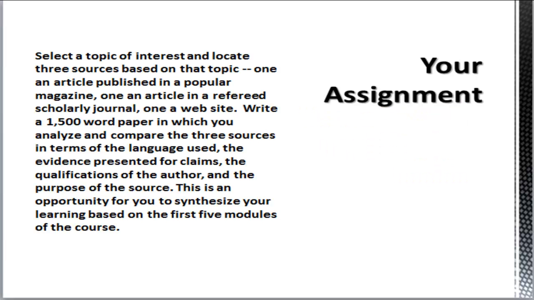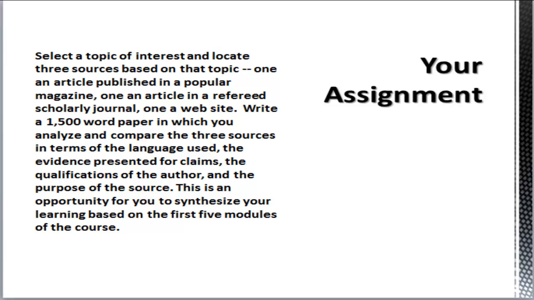Your first course assignment requires you to apply the critical information literacy skills you have developed throughout the course so far. You need to select a topic of personal interest to you and locate 3 sources based on that topic. 1, an article published in a popular magazine. 1, an article in a refereed scholarly journal. 1, a website.